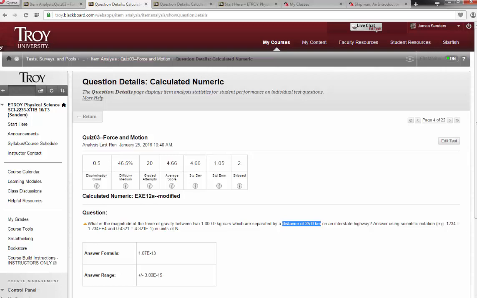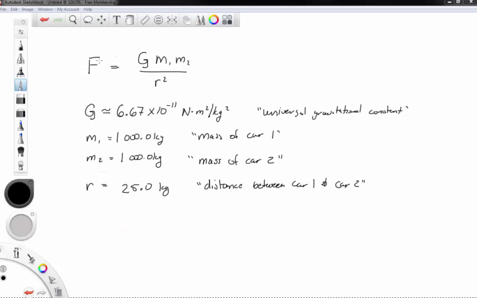Let's go back to our equations. So here is the equation we're using. Here are the terms that go in that equation. Whoops, this should say 25 kilometers, not 25 kilograms. And the key thing here is that 25.0 kilometers is the same thing as 25,000 meters.